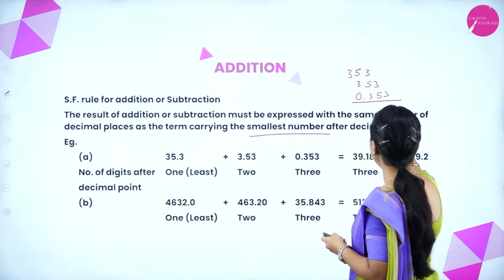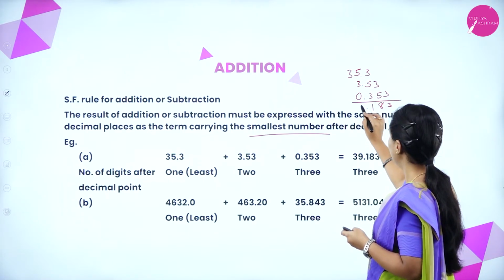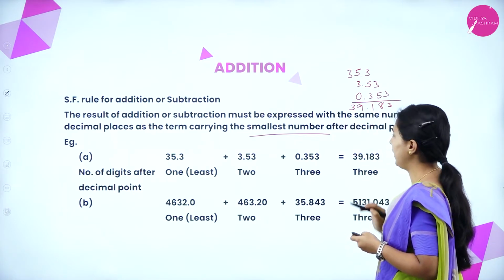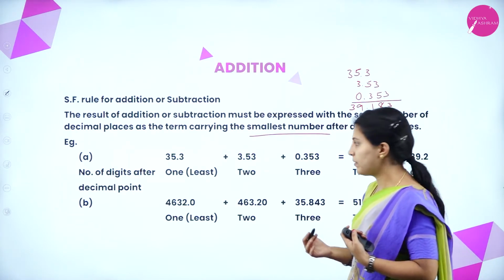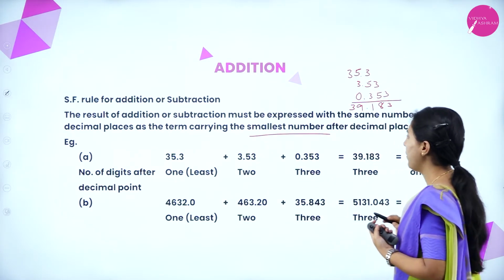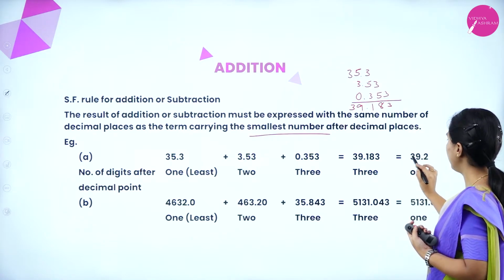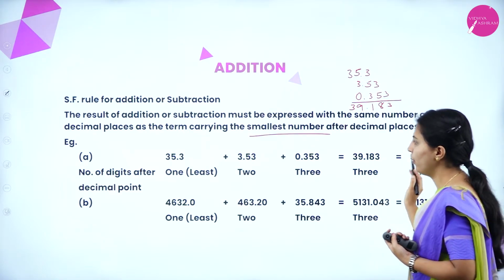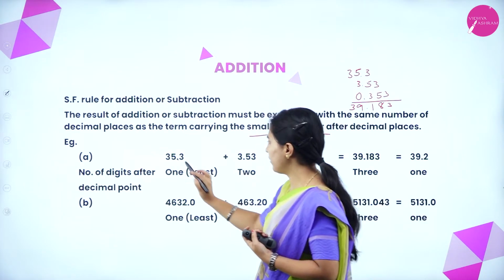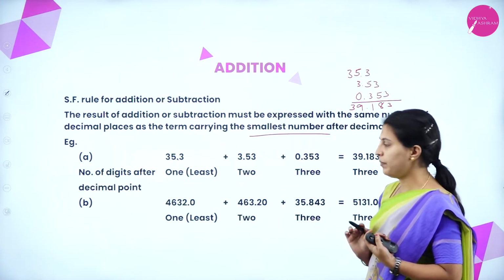How much will you get? 39.183 you will get. But which is the least decimal place? This is the least decimal place, right? After that, you will write here 39.2. From the right side, which is the least? This one. See here, after 39, one digit, one decimal place.